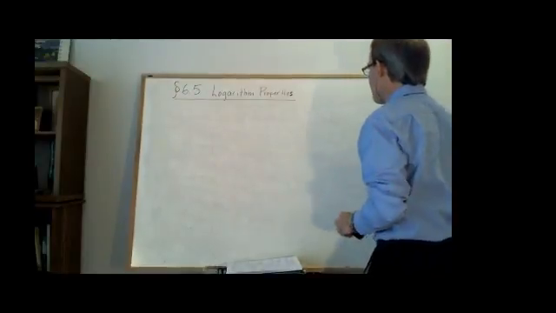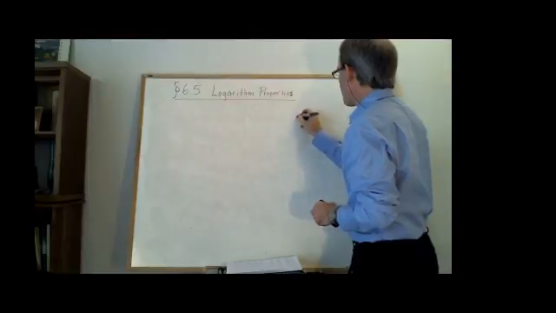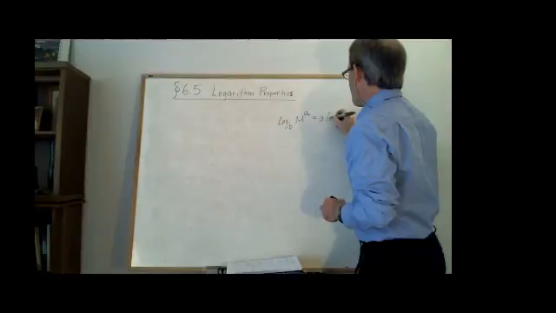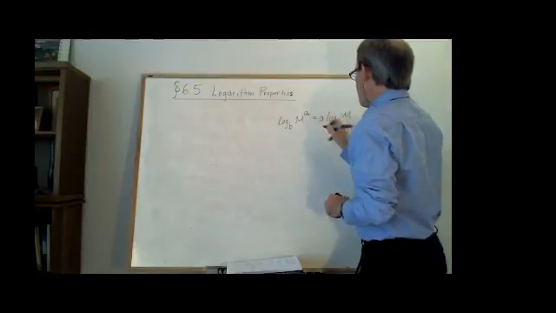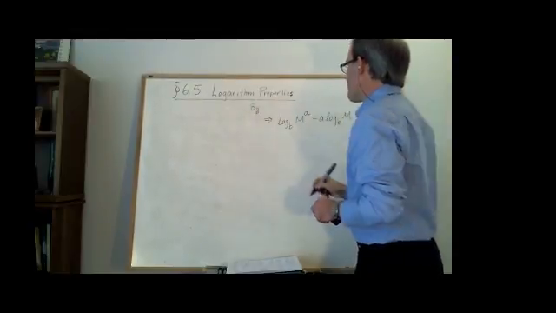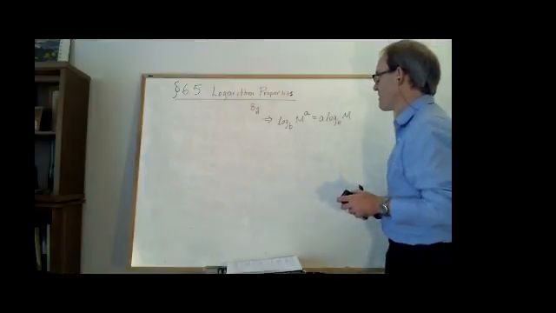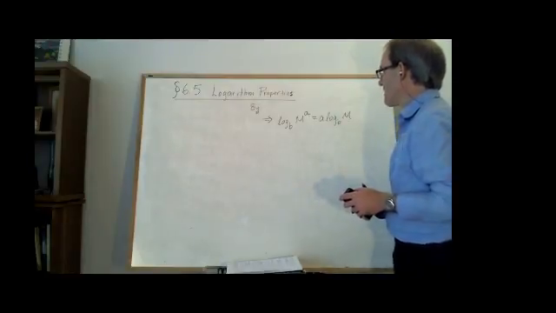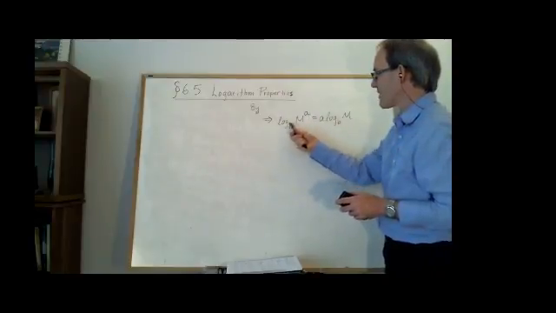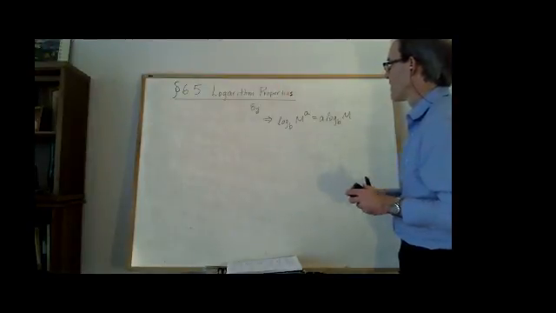Oh, and why can we always conclude it's also true for any real number? Well, it's because the rational numbers are dense in the real numbers, and we're pretty confident that the logarithm function is a nice function, so it's continuous.